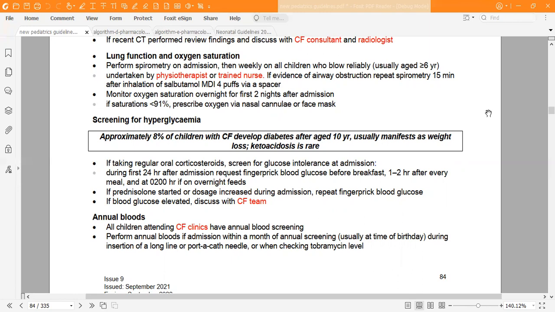So it's very important to remember that at 10 years of age and over, you have to screen him now. Do not wait. Okay, he may present with a chest exacerbation, weight loss, or unexplained symptoms. If taking regular oral corticosteroids, screen for glucose intolerance at admission.